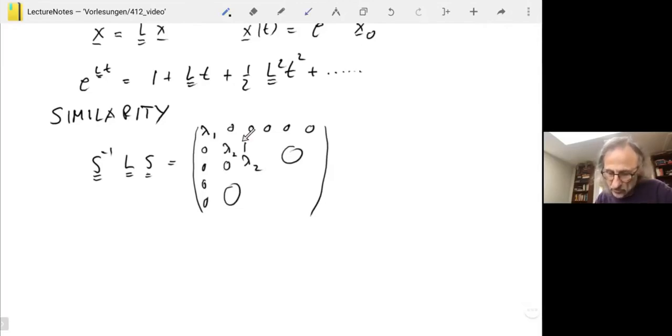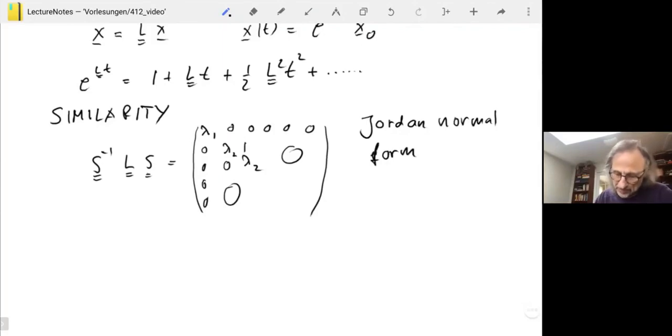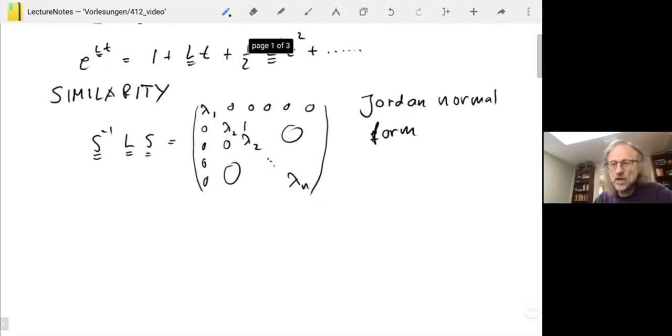That would be a Jordan normal form, and makes the situation a little bit more complicated. We will not focus on that right now. So let's just assume that we have simply n distinct eigenvalues, and then we have simply a diagonal matrix like that.